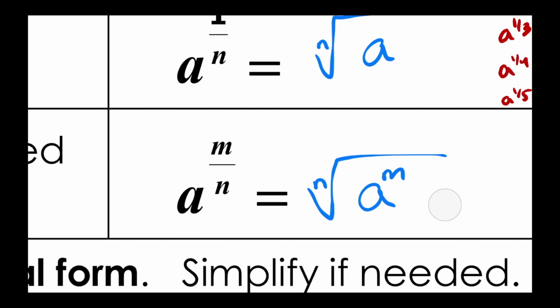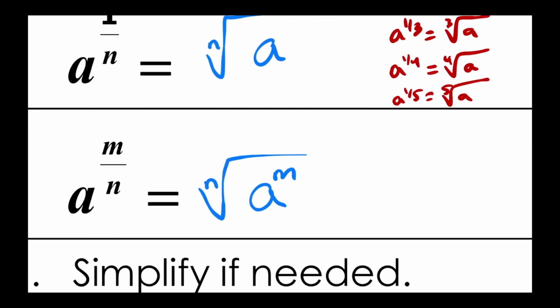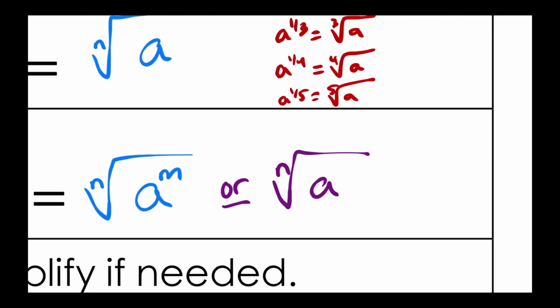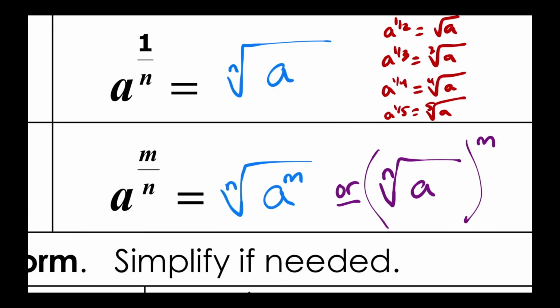Okay. There's also a second way to do this. I'm going to put an or. We still have the nth root. We still put the a in here. Or I can put the m last like that. So this m, this number at the top, usually it'll just go inside the radical with the a, with whatever number this is.